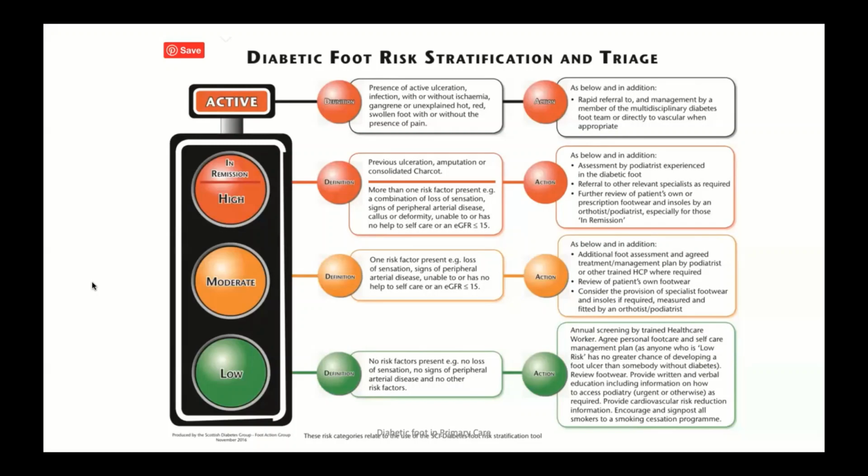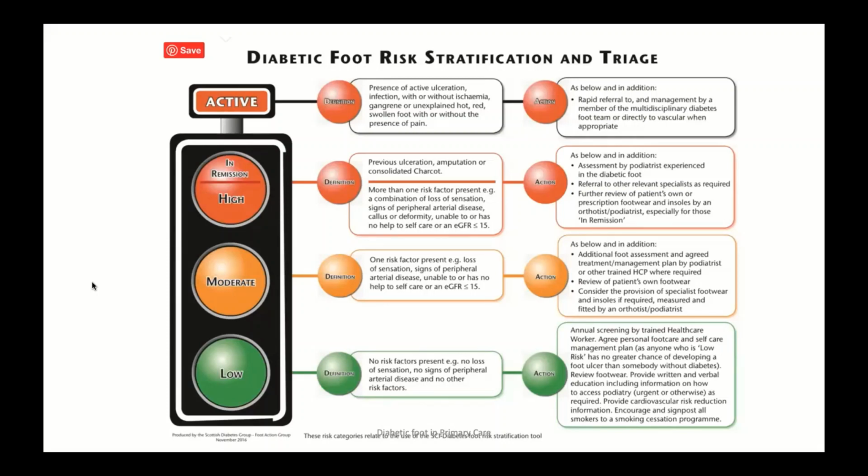These patients have no risk factors: no loss of protective sensation, no signs of peripheral vascular disease or other risk factors. As these risk factors build up, the presence of deformity, loss of protective sensation, peripheral vascular disease, chronic kidney disease, then the risks become higher and higher.